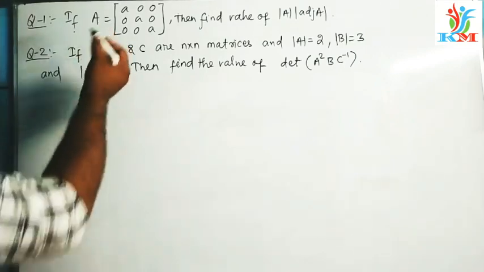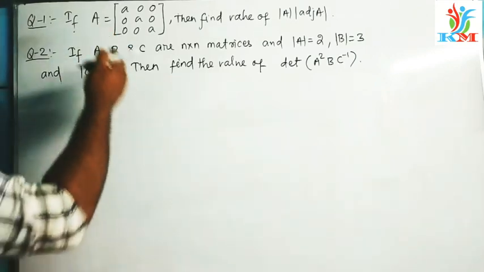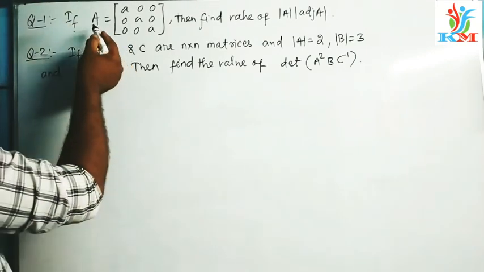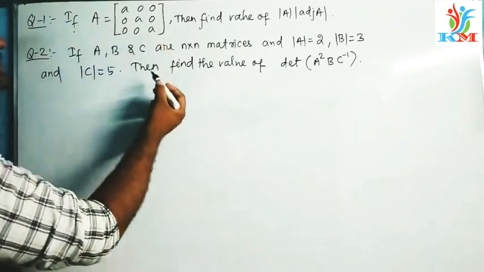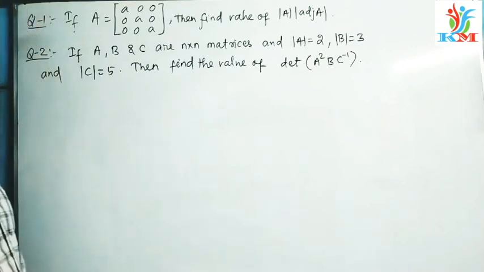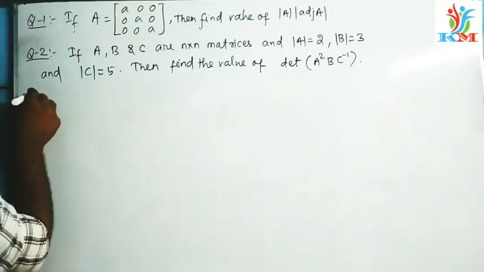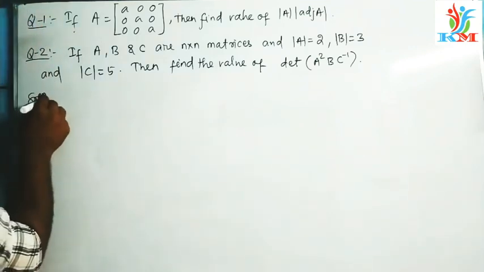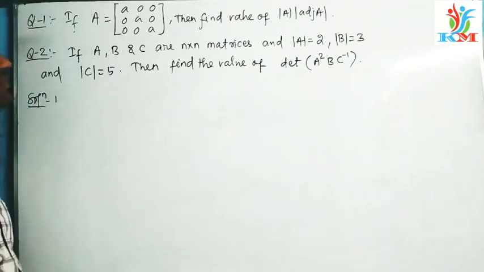Let's see two questions here. First question is, if A is a matrix, then find the value of determinant of A into determinant of adjoint A. Look at the solution of question 1.